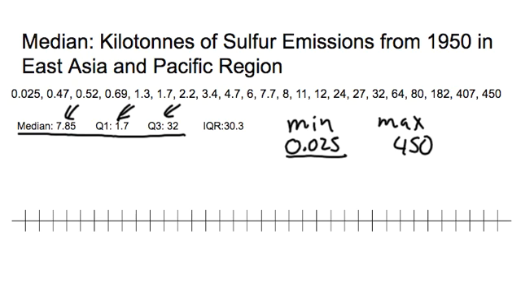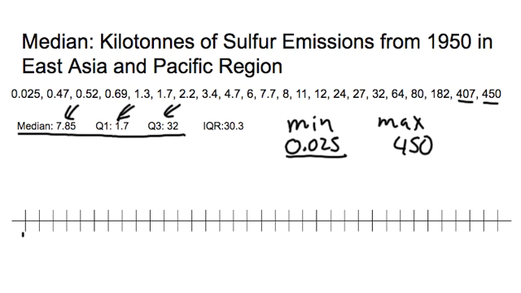I'm going to start by numbering my number line. Now I'm going to make this go up by, let me think here, I think I'm going to make it go up by tens, and I'm going to do a little cheating at the end there just to help me with my outliers. Okay, so I'm going to consider these 2 as outliers, and I'll show you how I'm going to deal with those in a second.